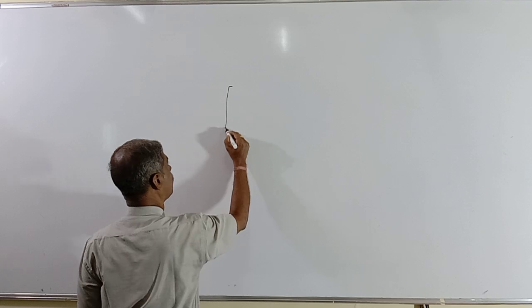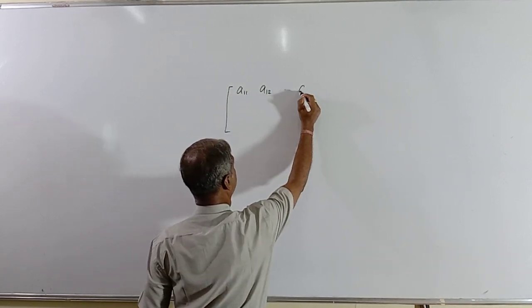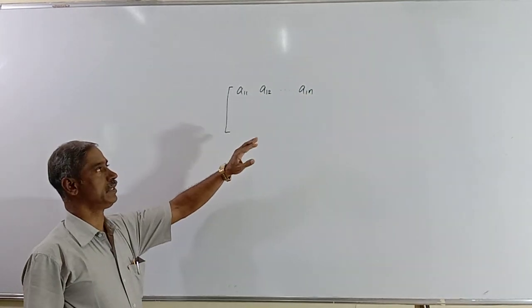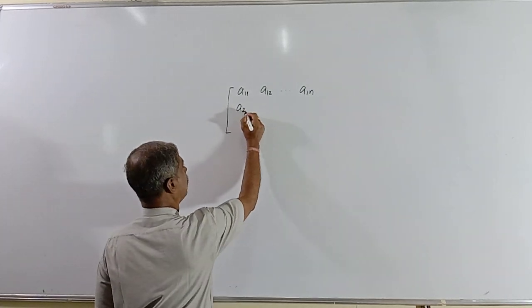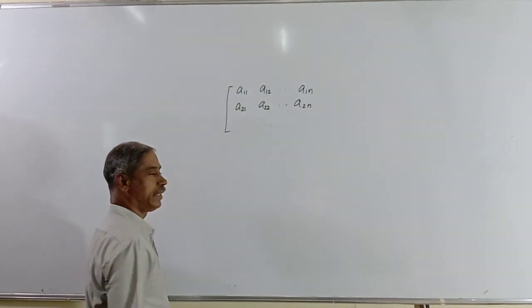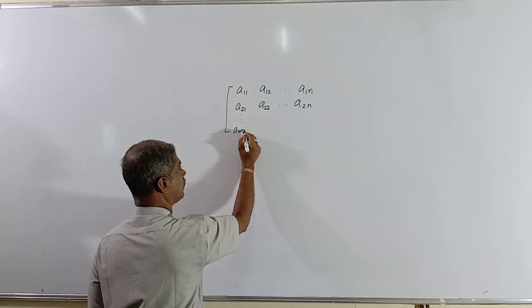Say, we call A11 an entry, A12 an entry, and A1n entries of the first row. A21, A22 up to A2n form the second row entries, and it goes on further.